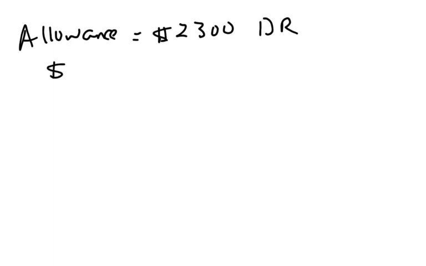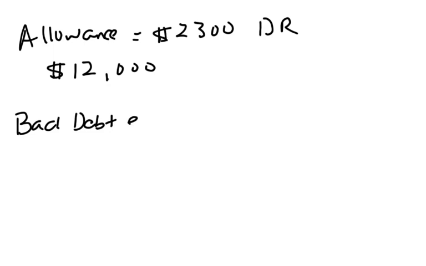Again, your aging schedule still shows that $12,000, so I want the allowance account to be $12,000. If it's a $2,300 debit right now, what does my adjusting entry need to be? Again, it's still going to be that bad debt expense and the allowance account. But because it's a debit now, if I increase the allowance account by $2,300, that gets it back to zero.